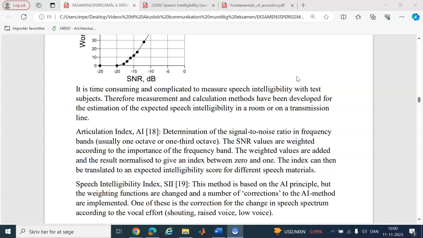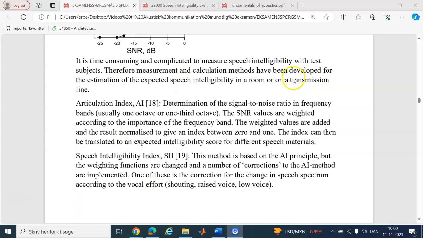Articulation index AI is a determination of the signal to noise ratio in frequency bands, usually 1 octave or 1/3 octave bands. The SNR values are weighted according to the importance of the frequency band.